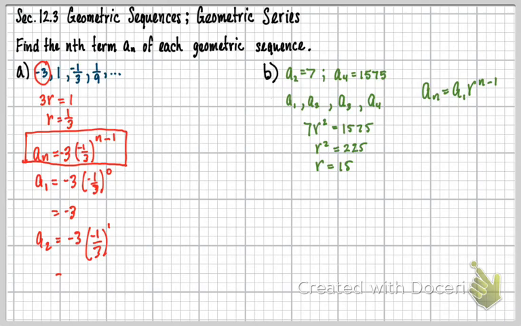So that means if I multiply by 15 to go this way, if I'm going to go backwards, that means I'm going to divide by 15. So then, if I'm going to go back, I'm dividing by 15.